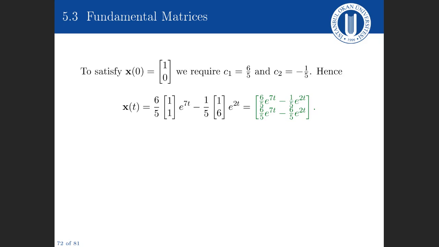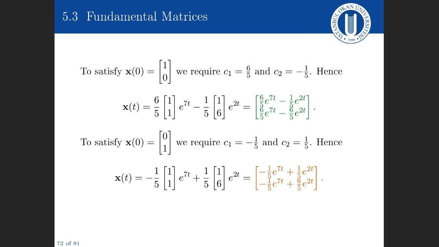We need to satisfy the initial conditions 1, 0 and 0, 1. To satisfy 1, 0, we need the constants 6 over 5 and minus 1 over 5. So we get this green function. To satisfy x of 0 equals 0, 1, we have to have the constants minus 1 over 5 and 1 over 5. So we end up with this orange function.